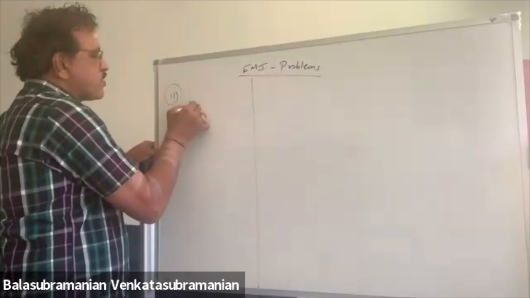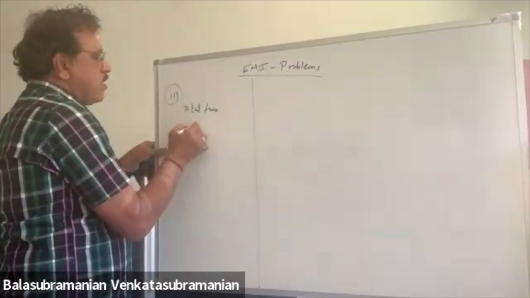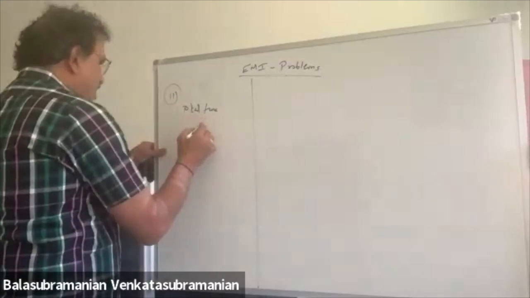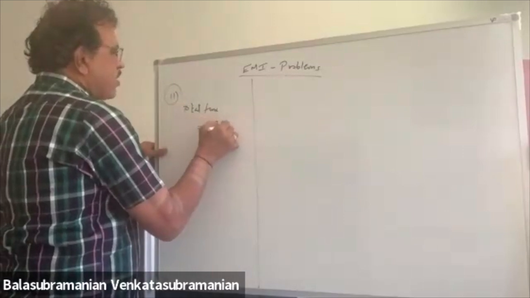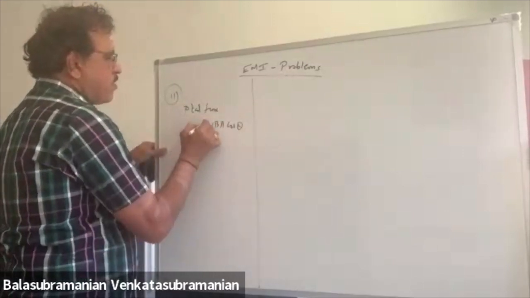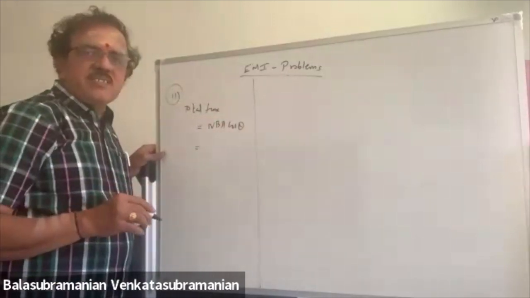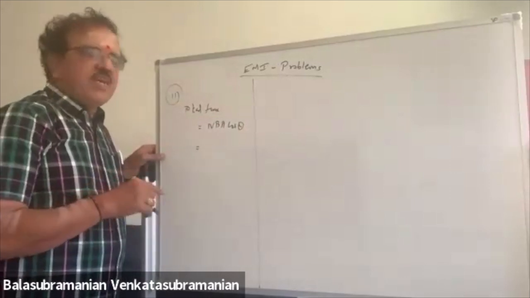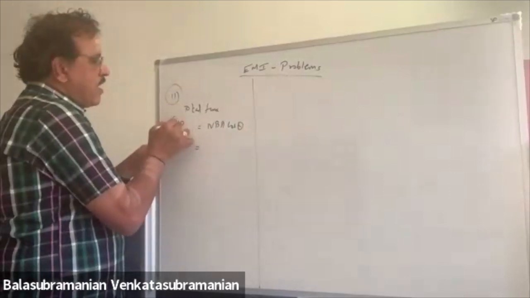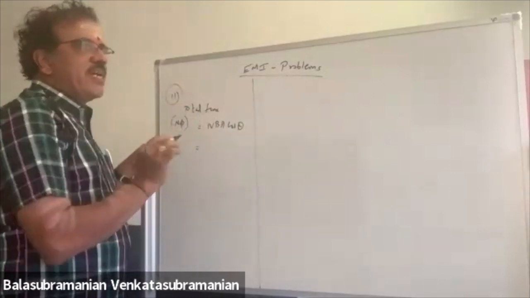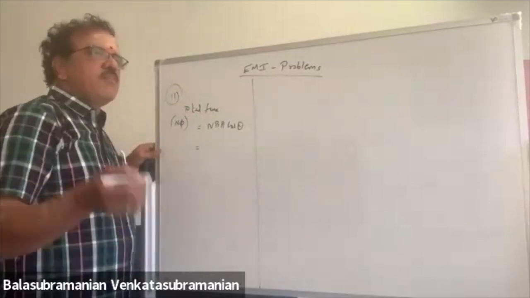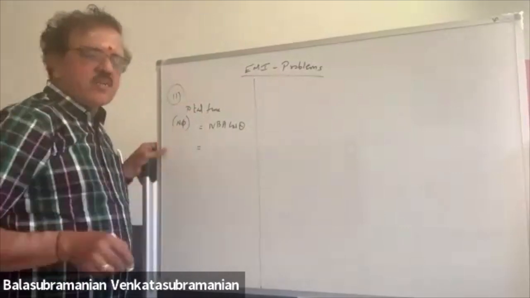Total flux is equal to the formula NBA cos theta. Generally it is BA cos theta. So NΦ we are calculating here. NΦ only, don't cancel N and N. Total flux means you have to multiply by N. Further only we have written.